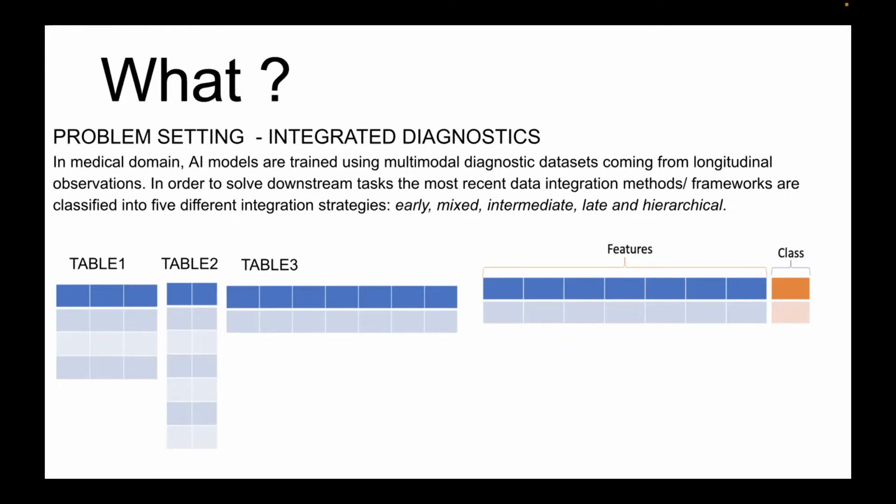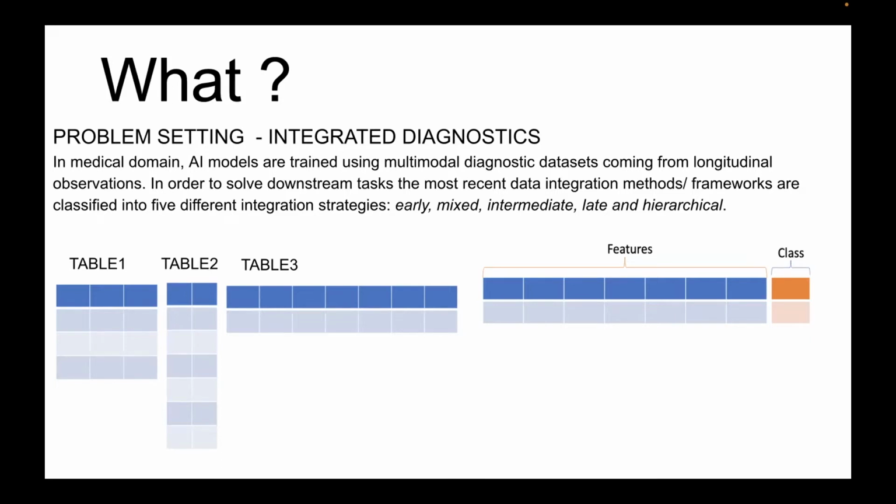The main problem that the researchers feel is how do you extract features from these tables and combine them at different stages? The literature has divided this into early stage concatenation, mixed representation concatenation, intermediate concatenation, late stage, and hierarchical.